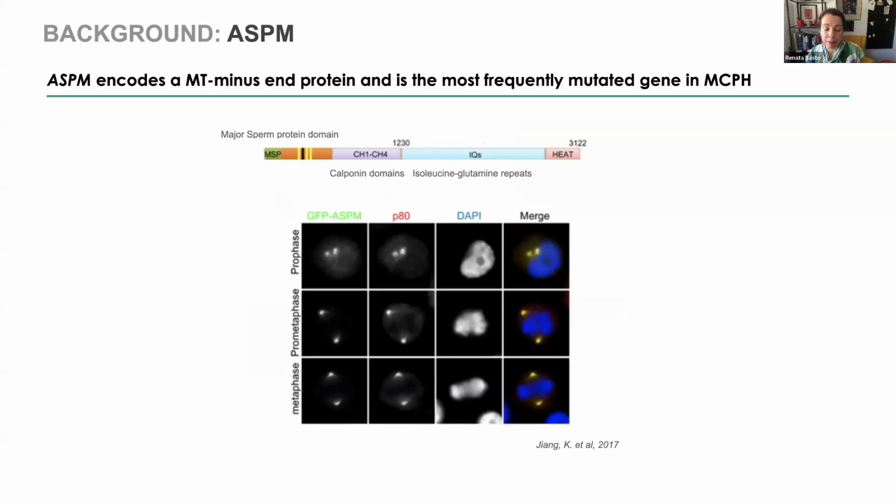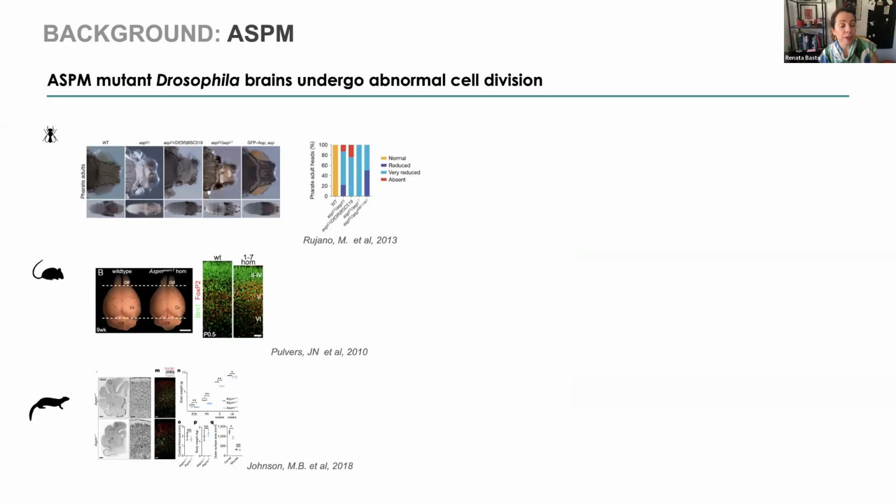I'm not going to be talking about those, but what is important to keep in mind is that ASPM localizes to the spindle poles, and it stays at the spindle poles until metaphase, as you can see here in pictures taken from human cells from the Akhmanova lab. Now, a few years ago, my lab characterized some existing mutations in ASP in flies.